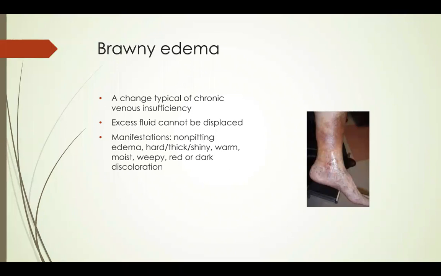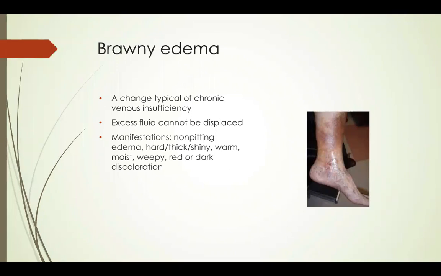The brawny color, that browny red color, is caused because red blood cells actually burst open, and there is chronic ischemia, so there's not good food being fed to the skin.